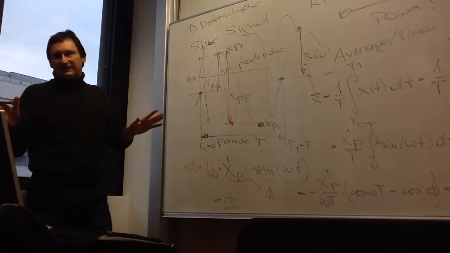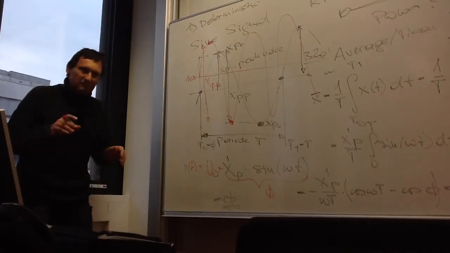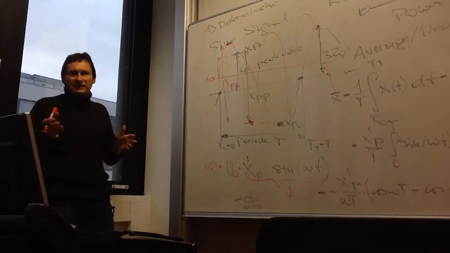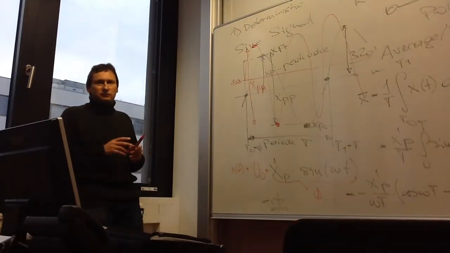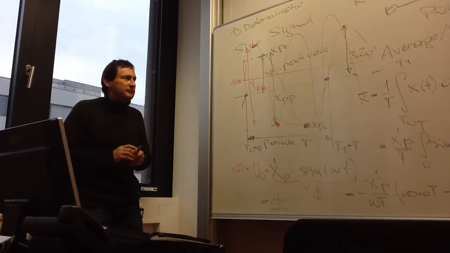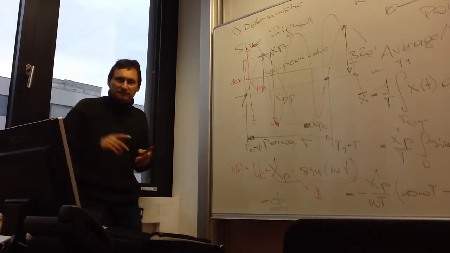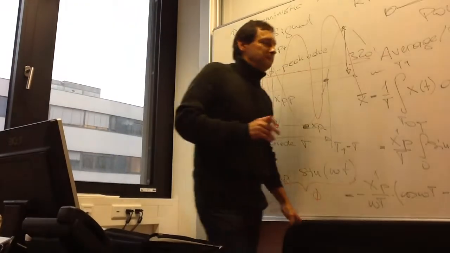We normally never use an offset, because if you have an acoustic signal, there is no offset with that signal. If you have a light wave, there is no offset.